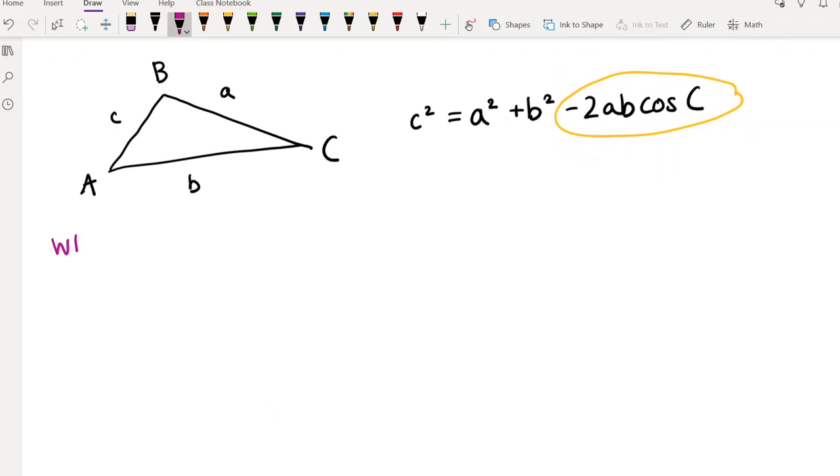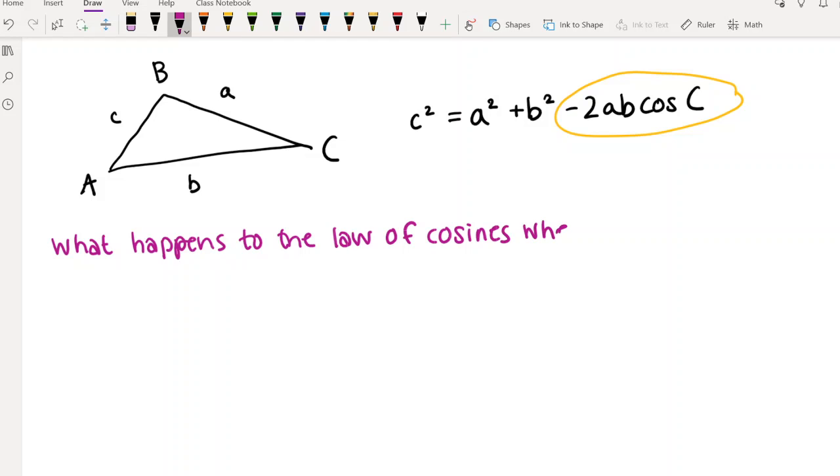So what happens to the law of cosines when you have a right triangle?